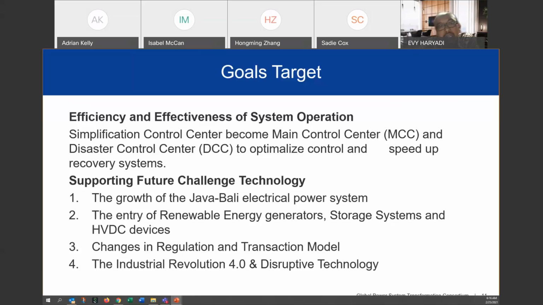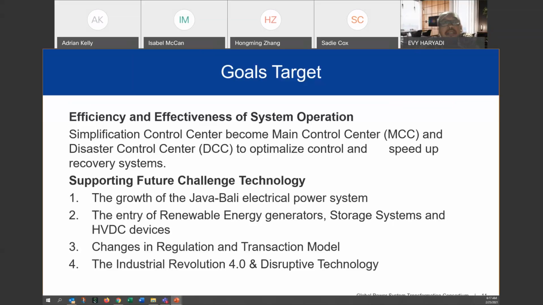One is the growth of the Java-Bali electrical power system, which will still be around 4 or 5% in the next 10 or 20 years, and also the entry of renewable energy generators, storage systems, and possible HVDC devices in our system.